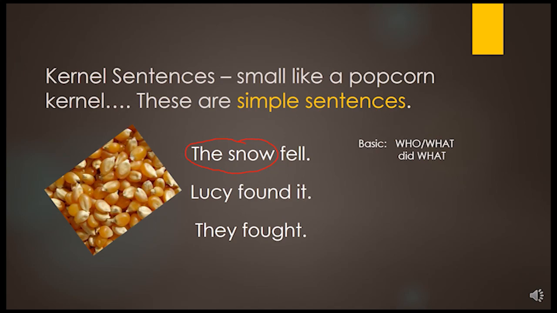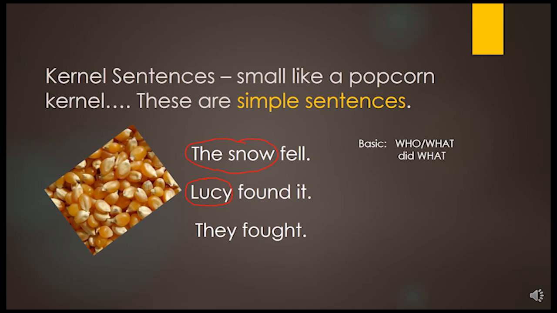Let's look at the next sentence. Lucy found it. What is the subject of this next sentence? Who or what is the main actor? Good. Lucy is our subject.